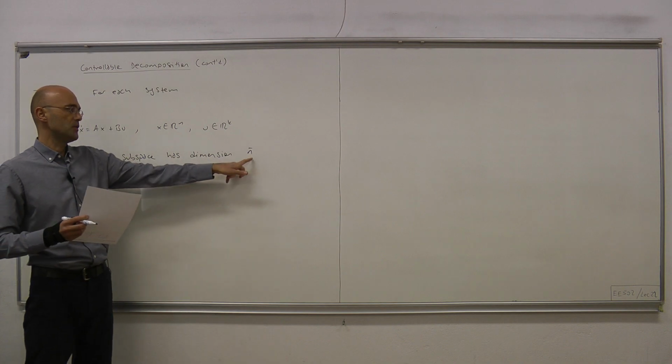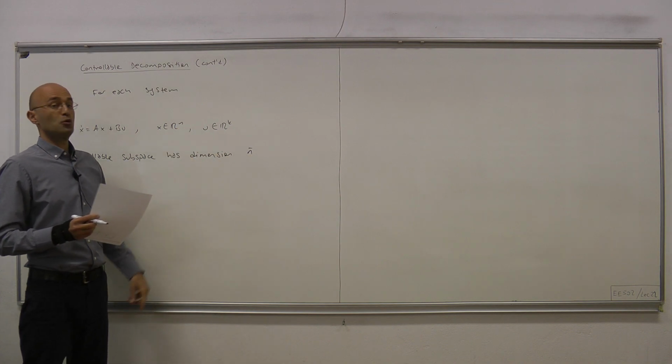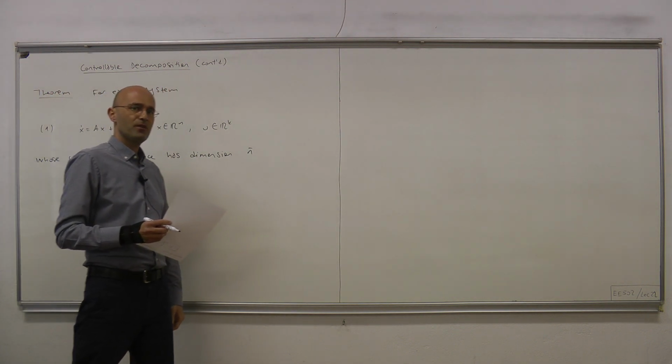So this is necessarily less than or equal to n. Whenever it equals n, we say that the system is controllable.